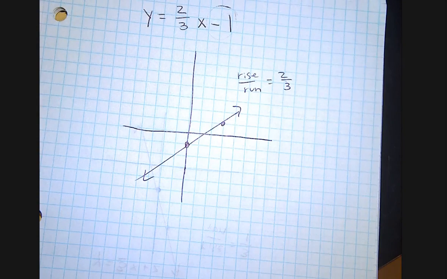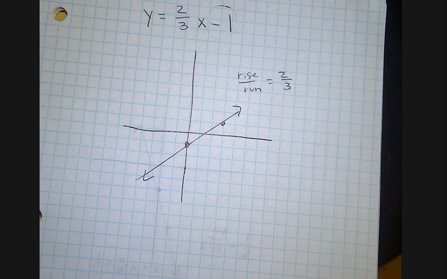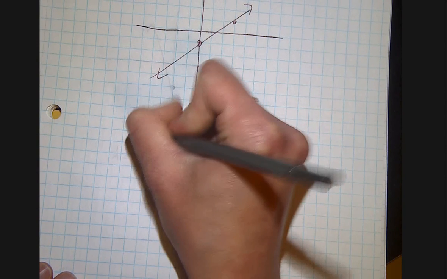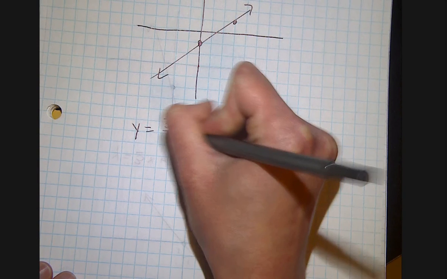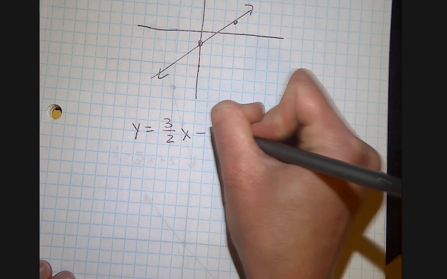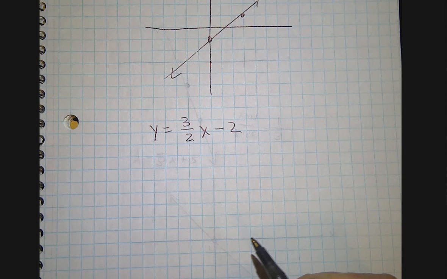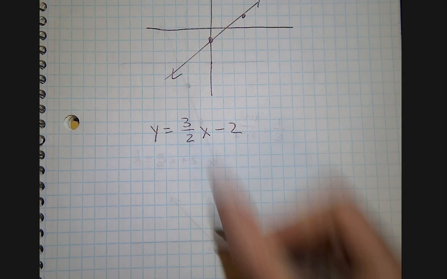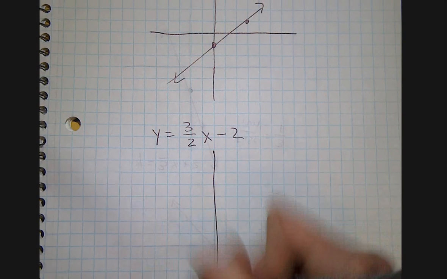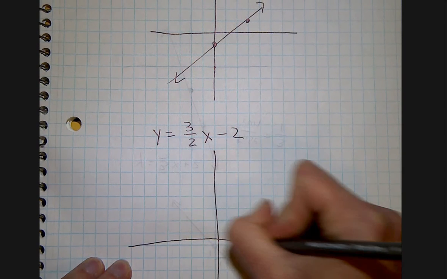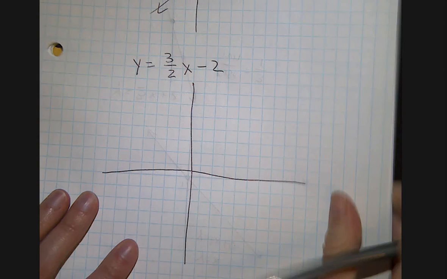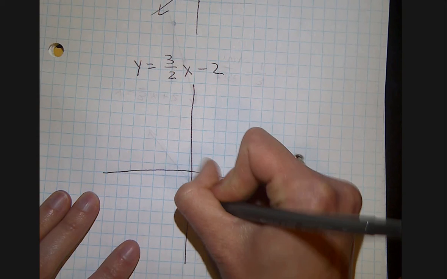It goes very quickly. So what I would like you to do is graph quick check 4, which is on page 319. You're going to graph on graph paper y equals 3/2 x minus 2. Okay, let's check what you got. Your y-intercept should have been -2 and the slope 3/2.